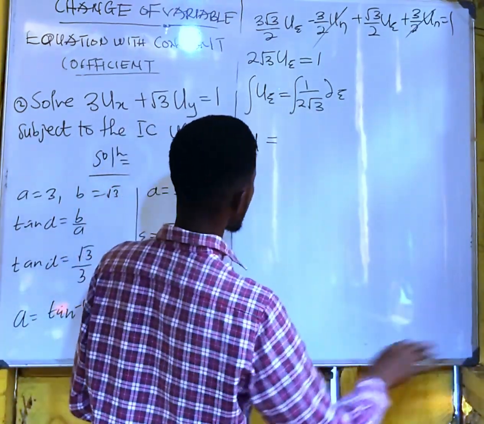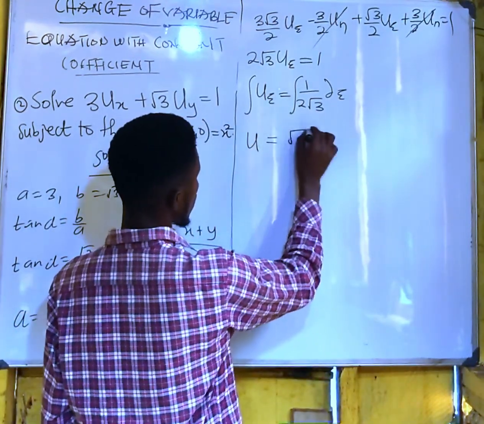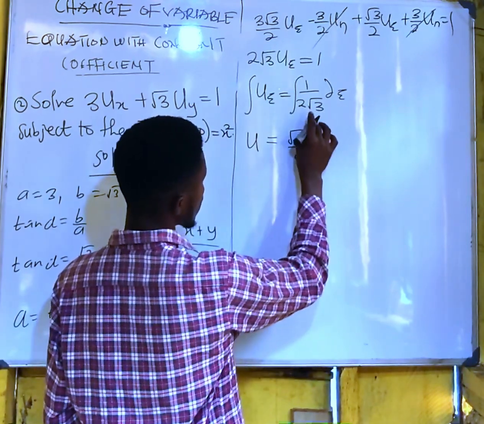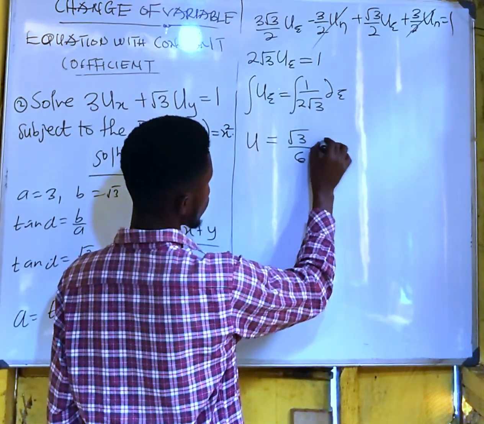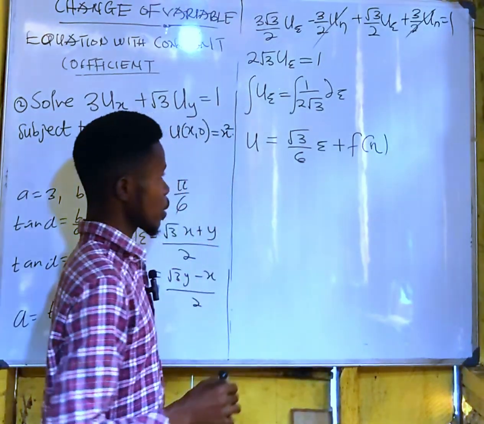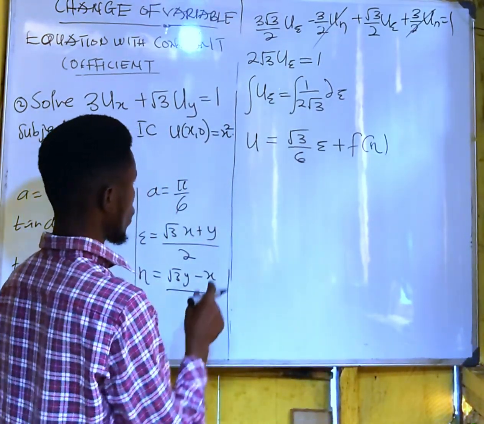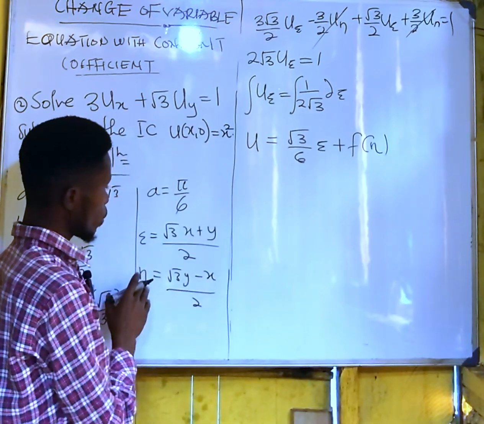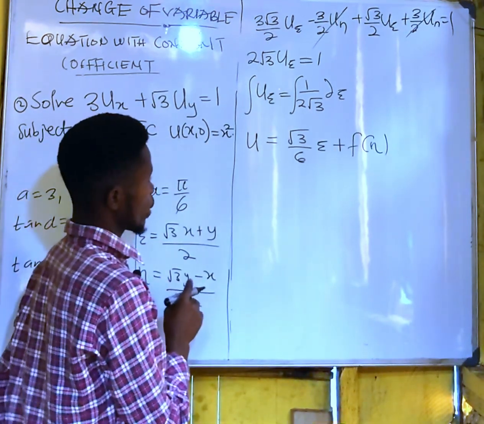So here will give me root 3 over 6, with respect to xi, so here will be xi plus f of what? Eta. Is that okay? Now, we want it in terms of what? X and y.